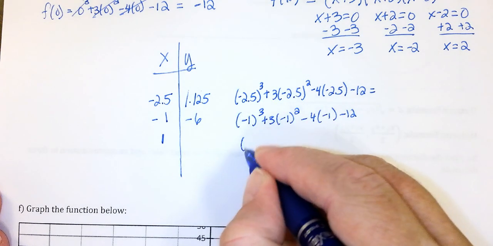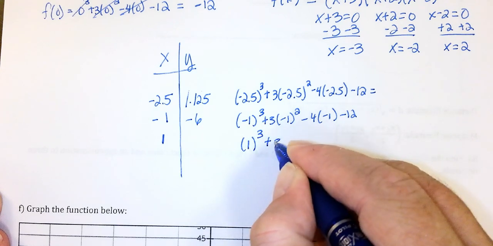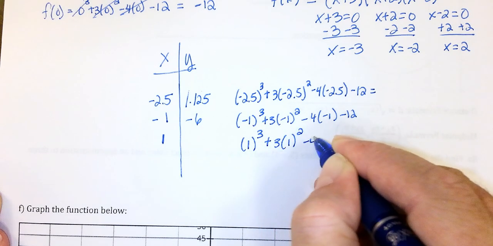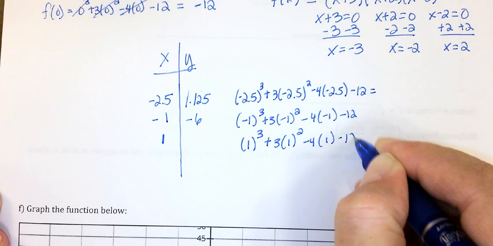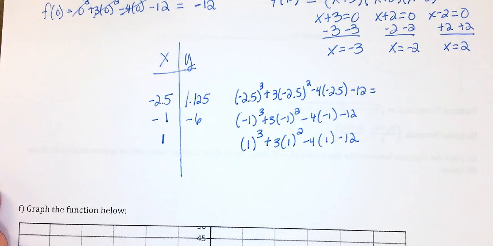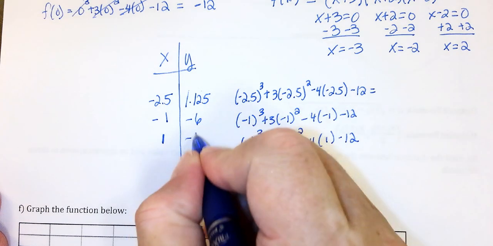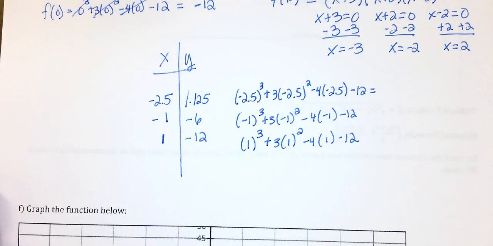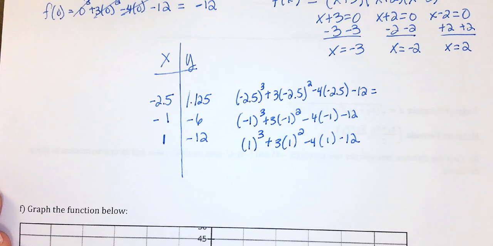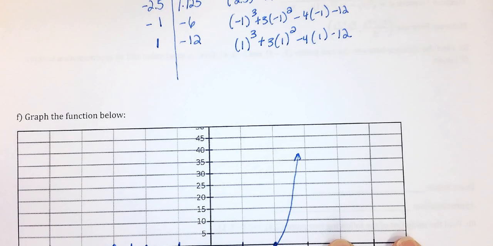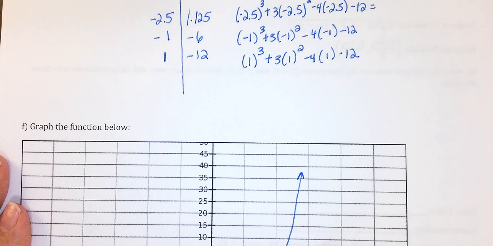And let's just try 1. So we have 1 cubed plus 3 times 1 squared minus 4 times 1 minus 12. So that's just going to be 1 plus 3 minus 4 minus 12, which is negative 12. Okay. Now, there's a couple things I want to note here. We have negative 2.5.